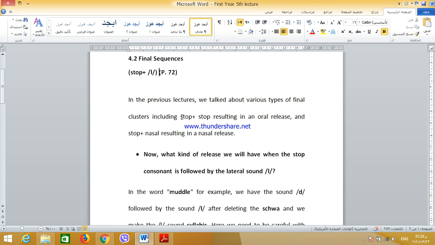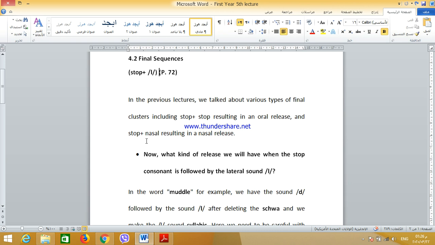And here, if you remember, we needed two closures and one release. And the other type of stop plus stop is just like slip past, in which we have p plus p, which are identical stop sounds. In this case, we needed one closure, but a long one, followed by one release.